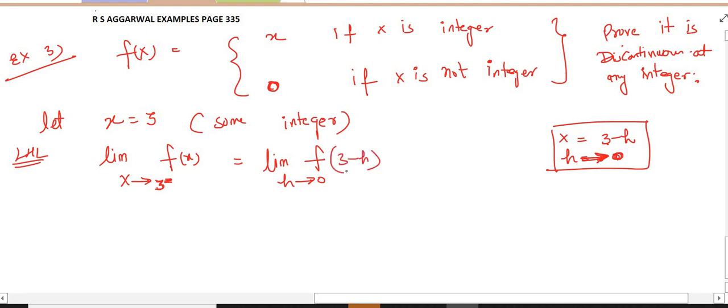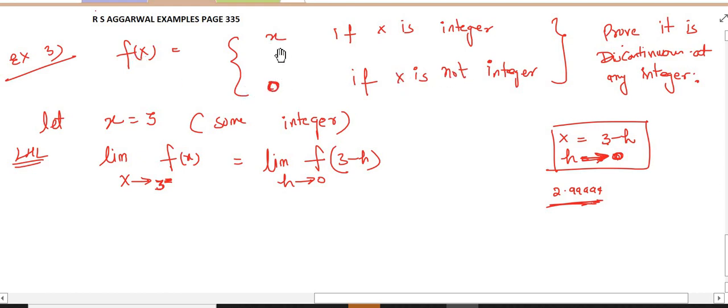Now what is 3 minus h? Is it an integer or non-integer? 3 minus h will be some number, say 2.999 something, very slightly less than 3 but very close to 3. So is it an integer? It's not an integer. So which value should I take here? When it is an integer, it should be x. When it is not an integer, I should take 0.